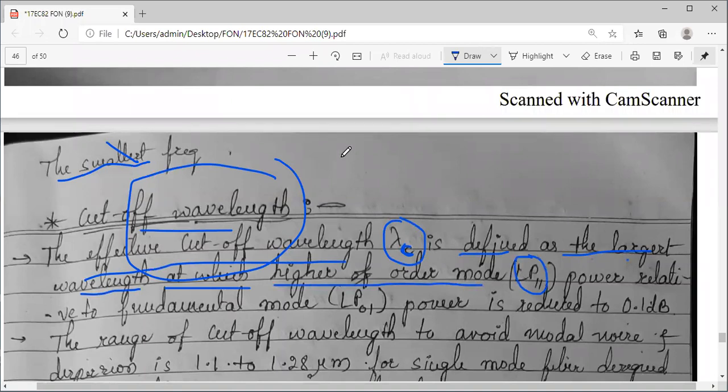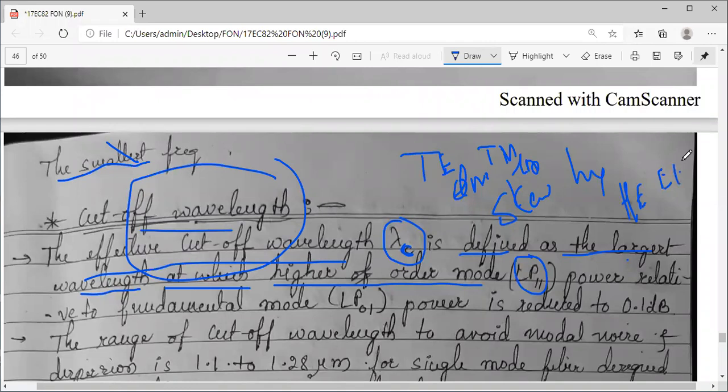Actually, I have told you there are many modes. In case of meridional rays, we come across TE and TM, TE_LM. Generally, two dimensions, two numbers are used to indicate the modes. This is meridional. In case of skew rays, we will go for hybrid modes, that is HE and EH.